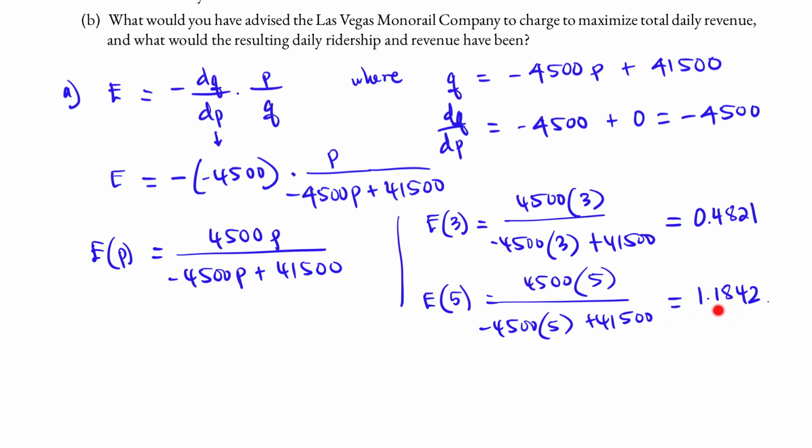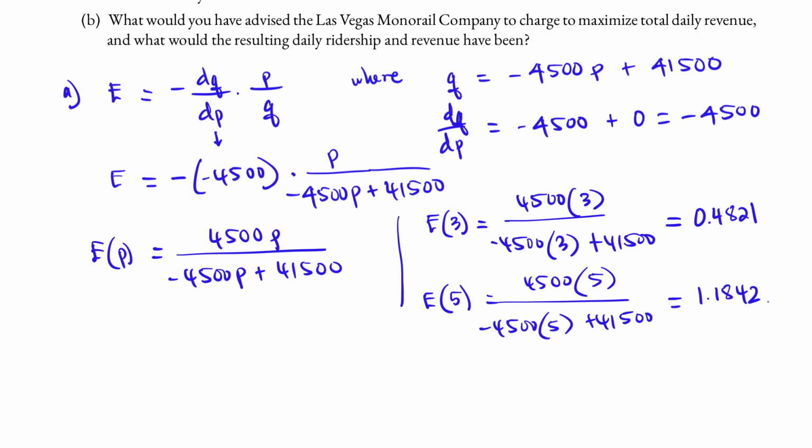Somewhere in there, between $3 and $5 as the price, the revenue is maximized. The revenue is maximized when the elasticity is precisely 1. And so going from the price of $3 to $5, they achieve the maximum revenue somewhere in there.